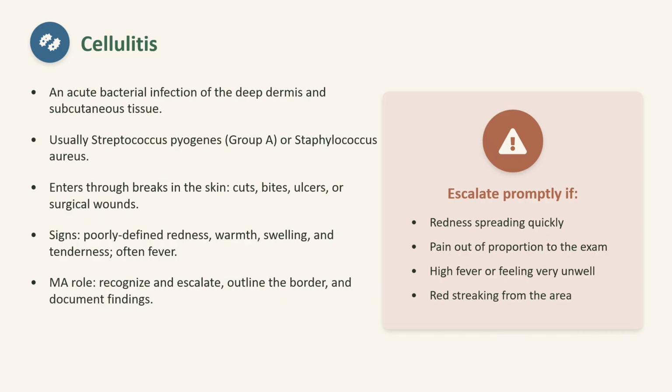Pain out of proportion, in particular, can signal a rare but life-threatening deep infection called necrotizing fasciitis, which is a true emergency. As a medical assistant, a simple, powerful habit is to outline the border of the redness with a skin-safe marker and note the time. If the redness marches past that line, everyone can see that the infection is advancing. Recognize, mark, document, and escalate.